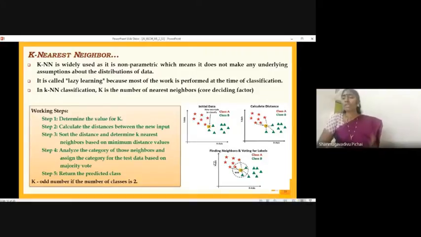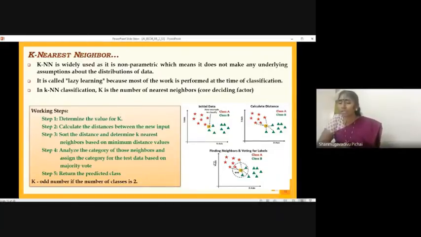Then they calculate the distance. The second diagram illustrates how the distance is calculated by selecting the nearest points, then finding the neighbors and voting for the labels. Now k is equal to 3, because we take the nearest neighbors as 3.